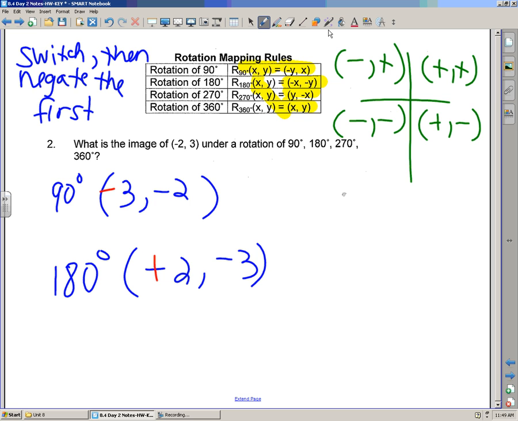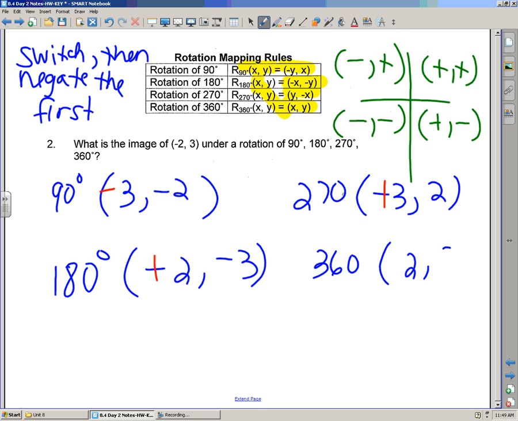That becomes +2, -3. And if we go again to 270, we switch and negate the first, and that becomes a positive 3 and a positive 2. Then if we go one more time, full circle, we switch and negate the first, and that gets you back to where we started. So 360 degrees is back mapped onto itself. So you're switching and negating the first.